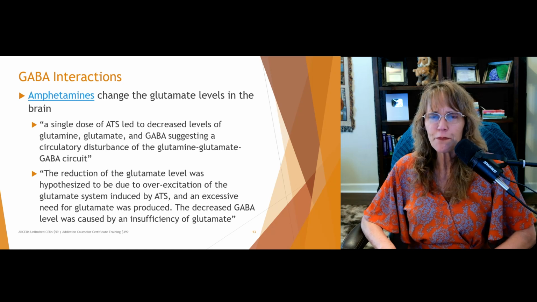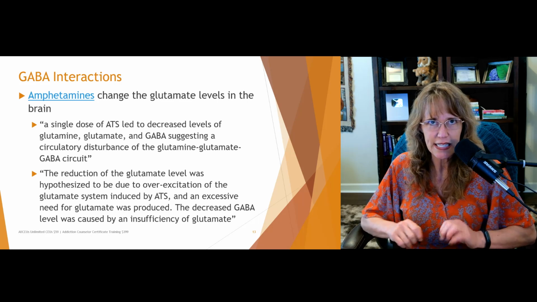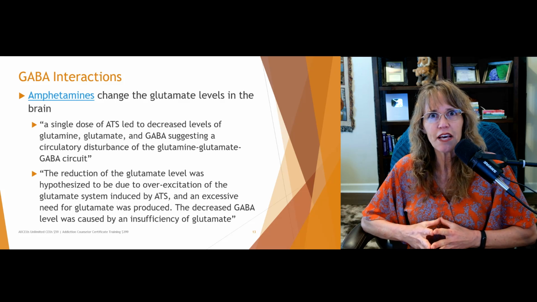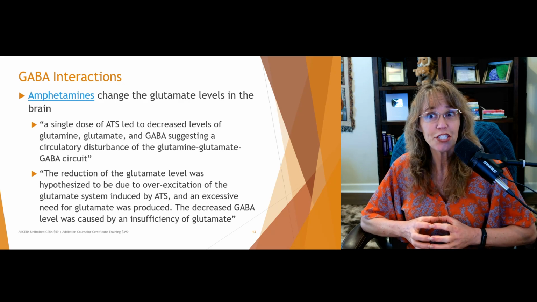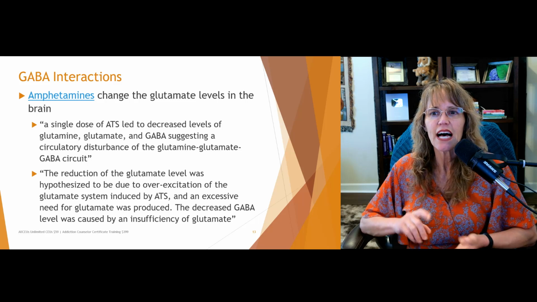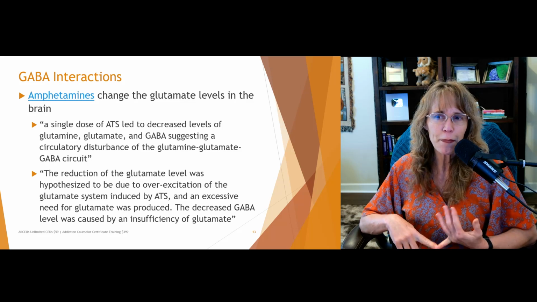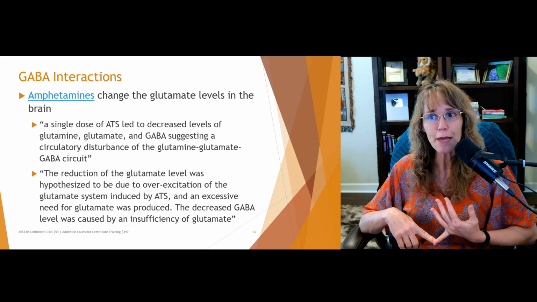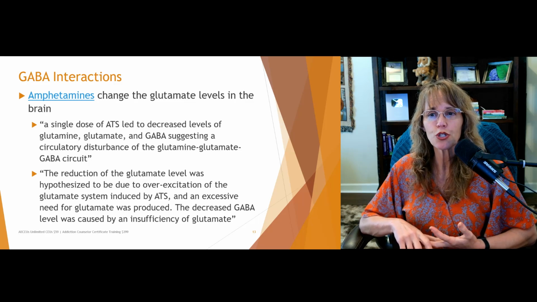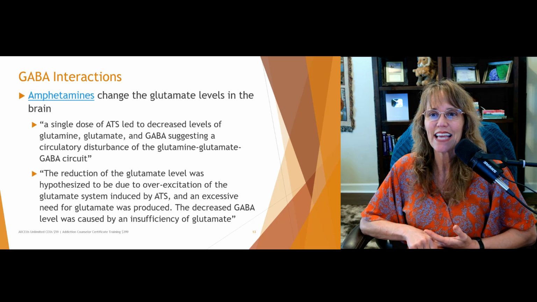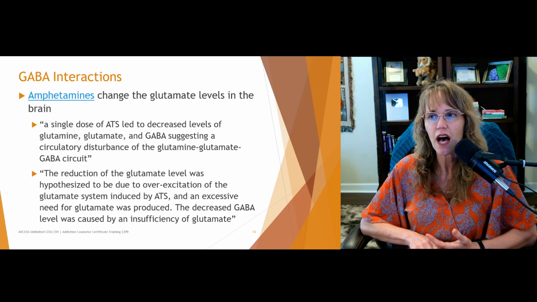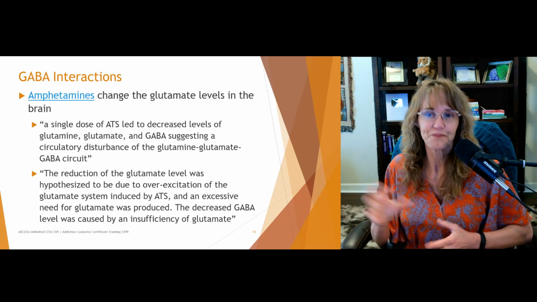Amphetamines and amphetamine type substances, ATSs, for example, methylphenidate and any of the other ADHD medications, change glutamate levels in the brain. A single dose of an amphetamine type substance led to decreased levels of glutamate and GABA, suggesting a circulatory disturbance of that system.